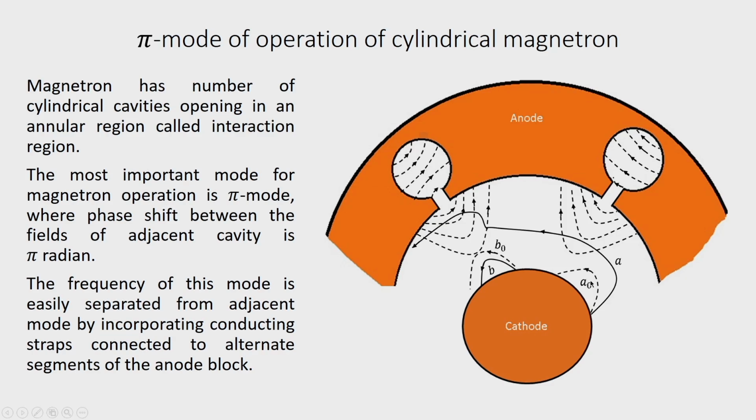Let us now consider another case. When this electron was emitted here, correspondingly another electron B naught, whose trajectory is shown in the absence of RF field.